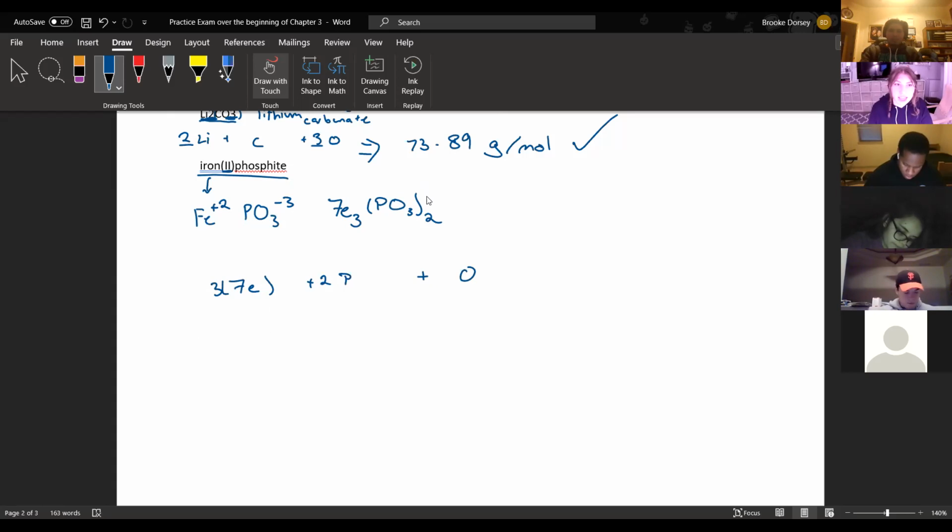Yeah, you're going to take whatever you have outside of the parentheses and distribute it. So we got 2 times phosphorus and 2 times the amount of oxygen we have. 6. Look at y'all smarty pants. What do you get when you add all this? 325.49.